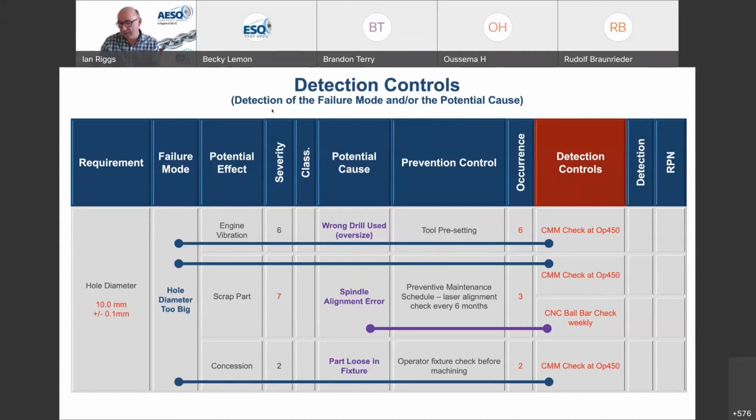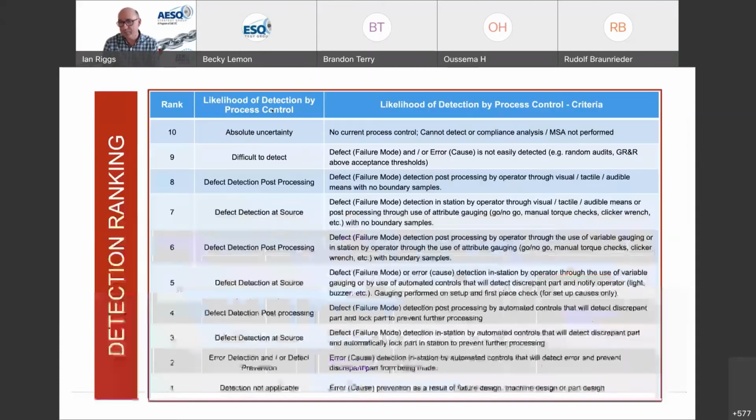And then finally, for part loosen fixture, apart from the prevention control we've got, the only other way of finding it is that CMM check at op 450. So the detection controls should list both failure modes and potential causes where they exist, but you definitely should have a detection control for your failure mode.